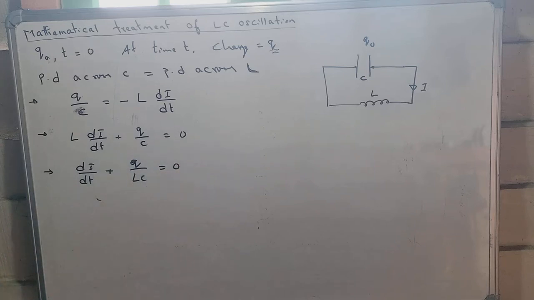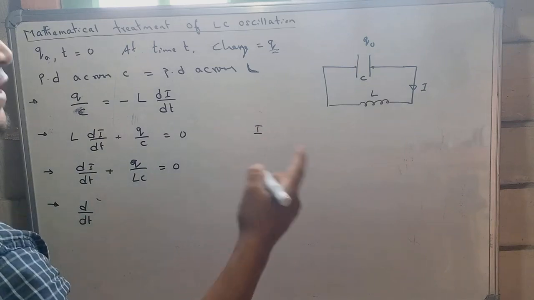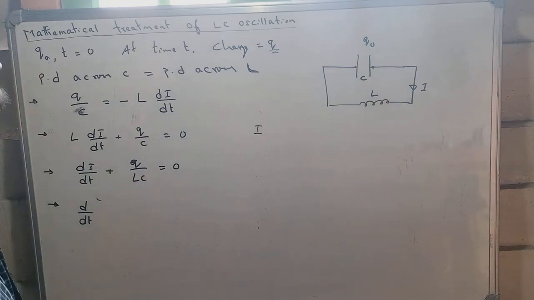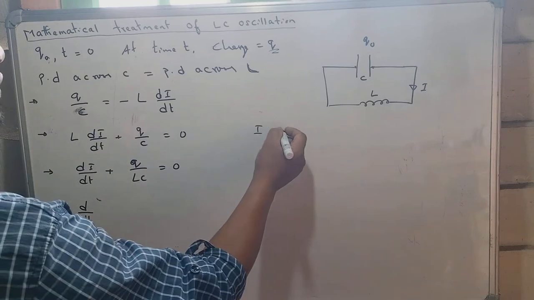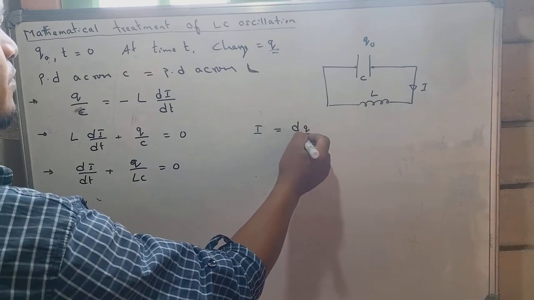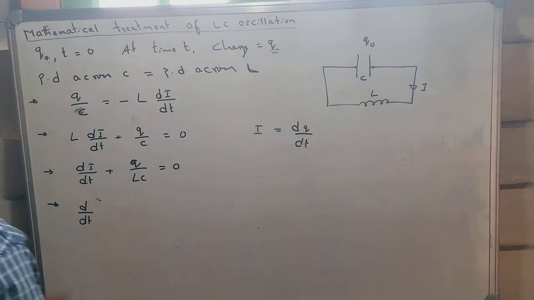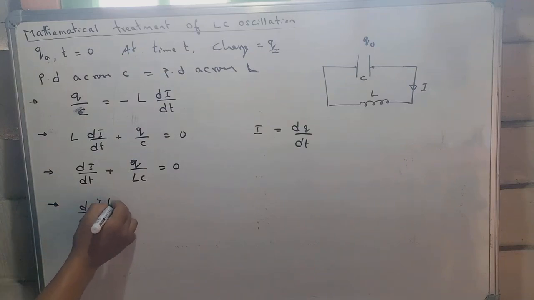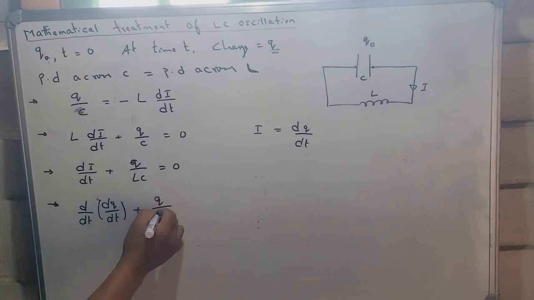Now if you further write this equation, I is the current at a time t, which means the instantaneous current, so we write I as dq upon dt. Therefore, instead of I, I'll write d by dt of dq upon dt plus q upon LC is equal to 0.